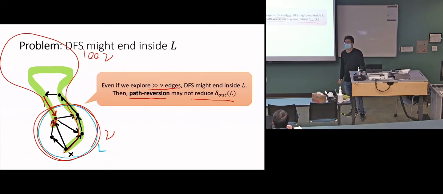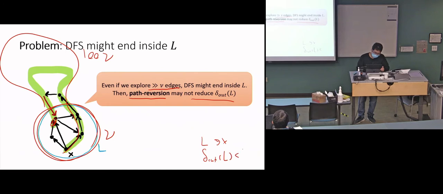What is the L here? L we have to find, right? Yeah, we assume that L exists. L is just a set containing X. L contains X, and the cut size of L is less than k, and the volume of L is less than nu. That's what we assume.